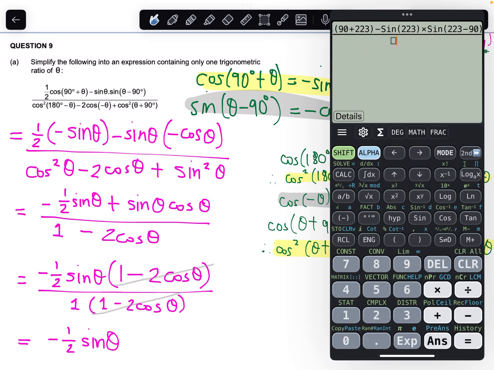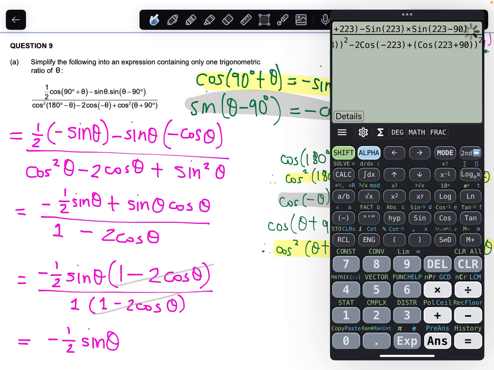Okay, and at the bottom we have cos of 180 minus 223, and we're going to square that, minus 2 cos negative 223, oops, okay, and then plus cos of 223 plus 90, and we square that.